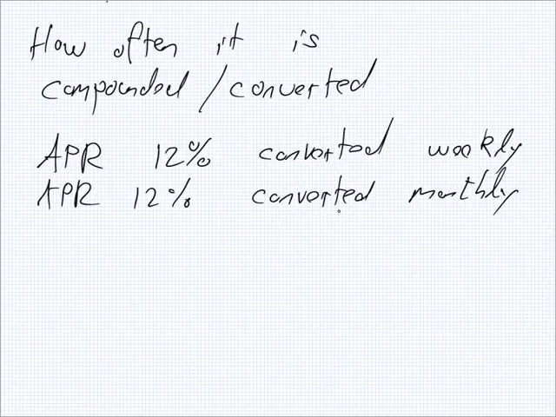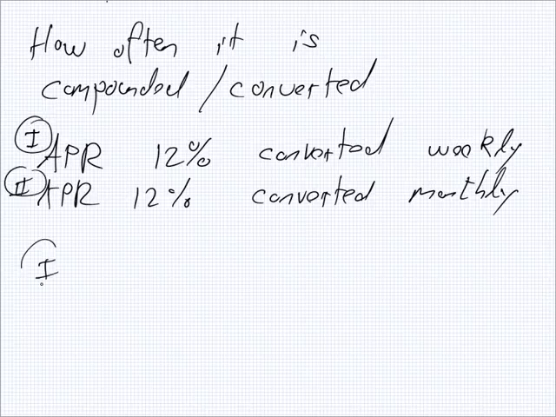Anyone else? Any ideas? So in the first case, it means that the interest is paid weekly, and in the second case, the interest is paid monthly. But it's paid a very special way. So for example, I'll call this Bank 1 and Bank 2.